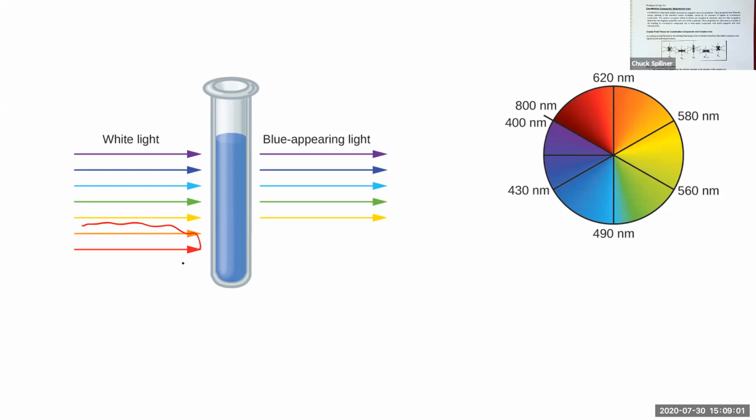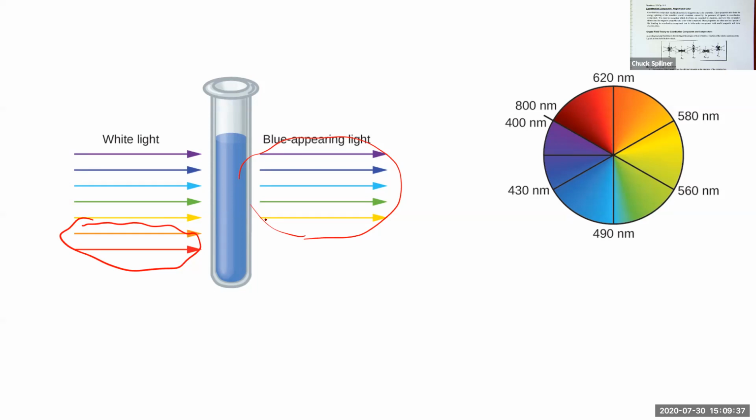These wavelengths are absorbed by the solution and don't go through the solution. So the color we see is the remaining wavelengths that come through. That's a transparent solution, a solution where the light can go through. So when you see the color of a transparent solution, light can penetrate it. What you're seeing is the light that is not absorbed. What you don't see is the absorbed light.